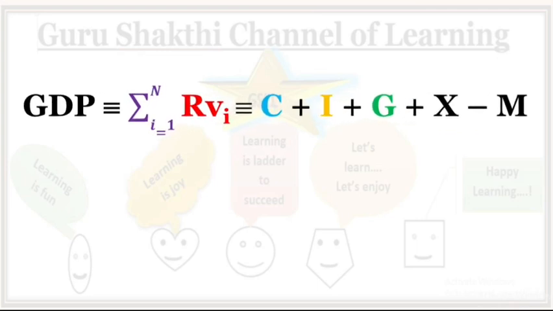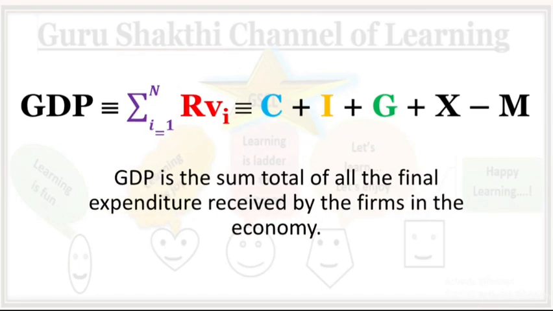Gross domestic product is identical to the summation of revenues of n number of firms. GDP is the sum total of all the final expenditure received by the firms in the economy.